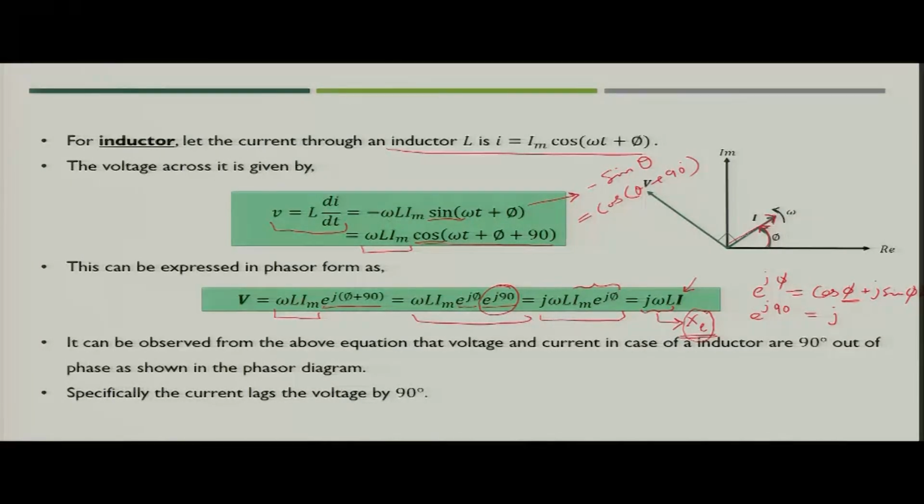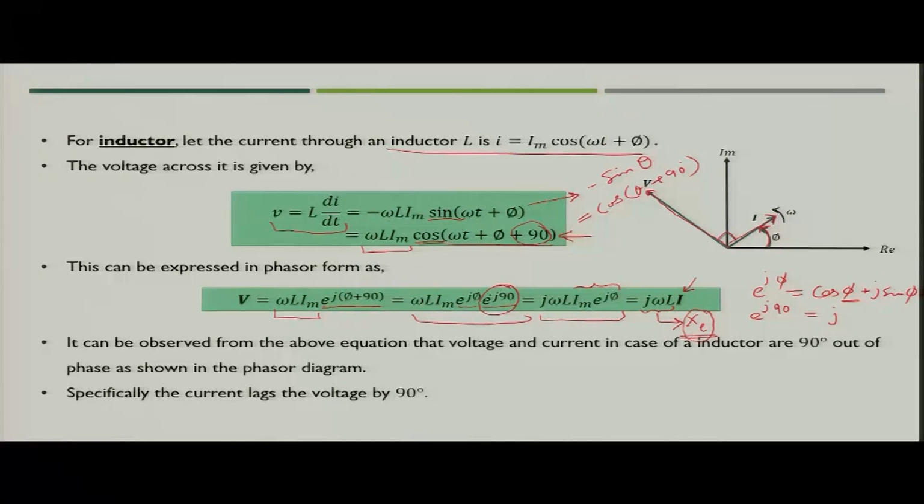So, this would be the phasor of current I. Now, if you see the phasor for voltage, from this particular equation you will come to know that voltage is leading current by 90 degree. So, the voltage phasor would be 90 degree leading with respect to current, and it has some value.